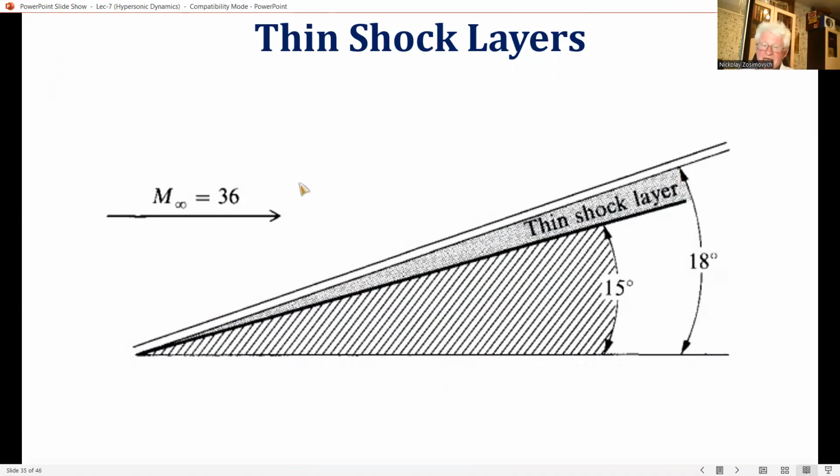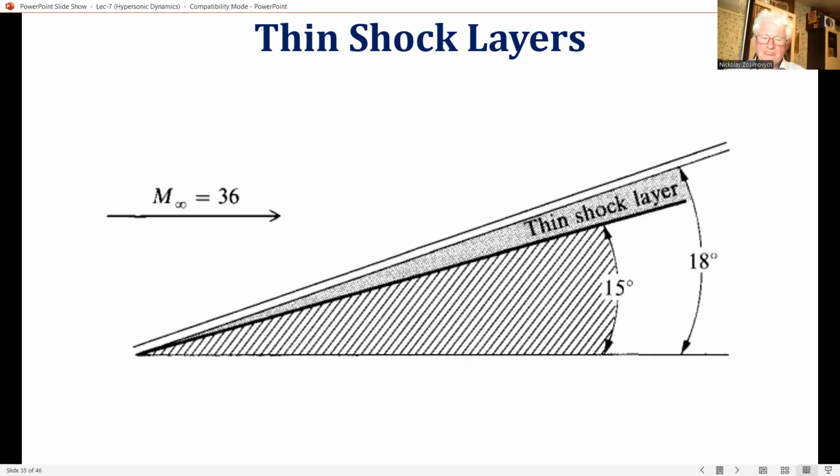In this case, the shock layer becomes infinitely thin and infinitely dense. In such a limit, we can consider the shock shape, the body shape, and the streamline shape to be all the same. Here we have a 3 degree difference, but in a very high Mach number, practically thin, very dense shock layer, such approximations or variations of them are the basis of thin shock layer theory.